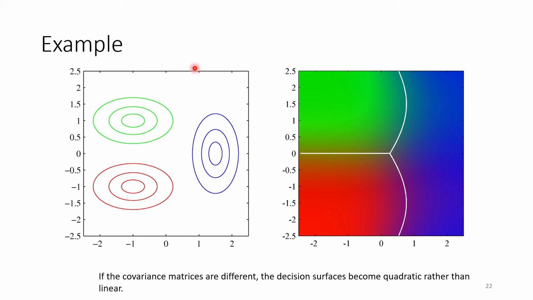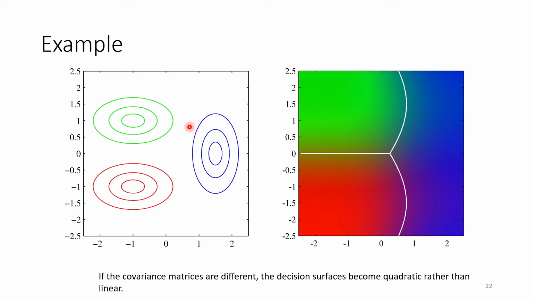So this is the case. There are three Gaussian distributions. The first one and the second one share the same covariance matrix, but the third doesn't. If they share the same covariance matrix, the shape of those circles will be the same.